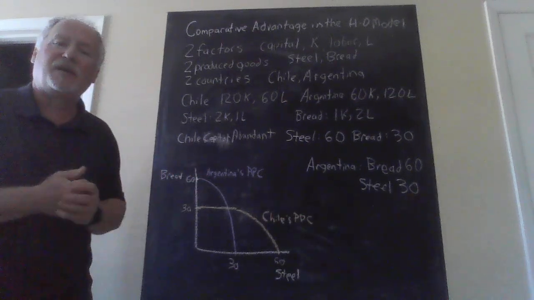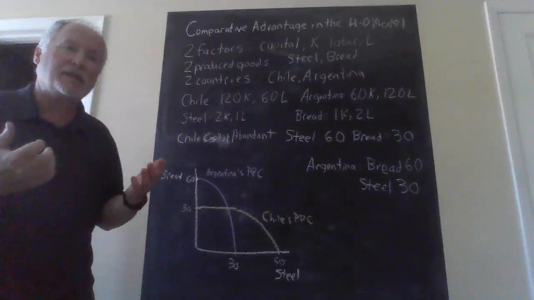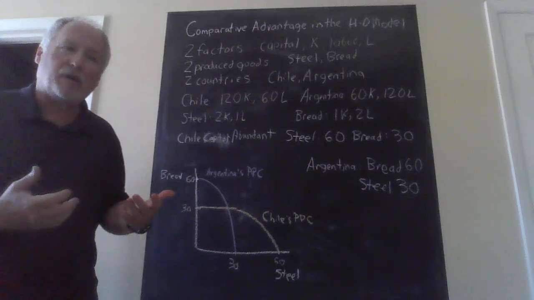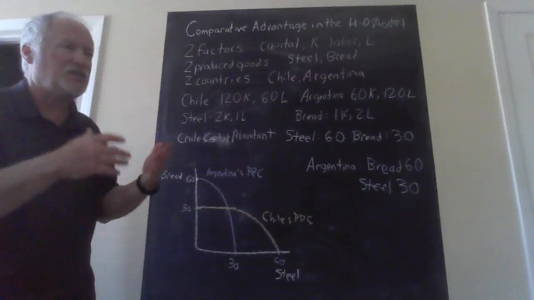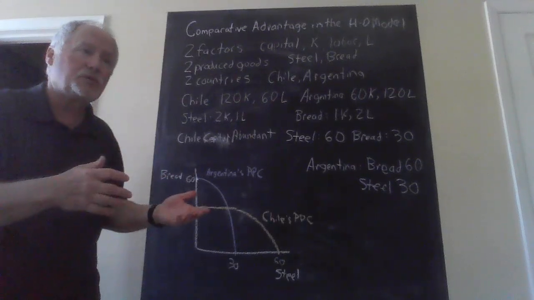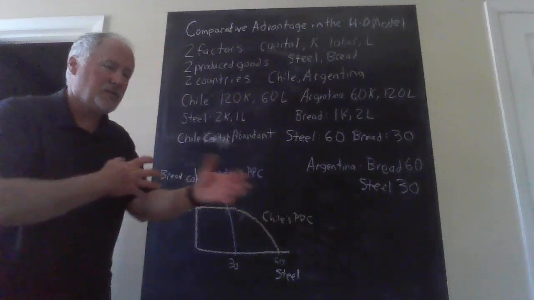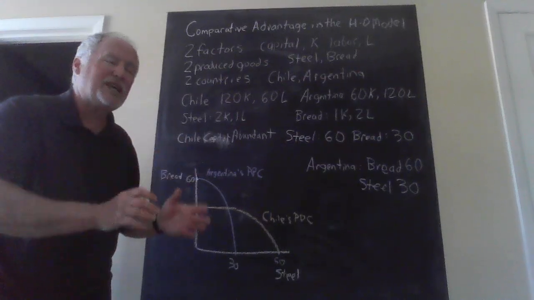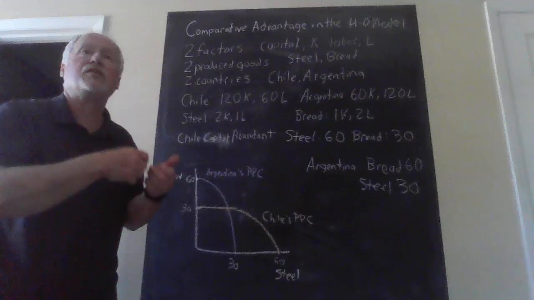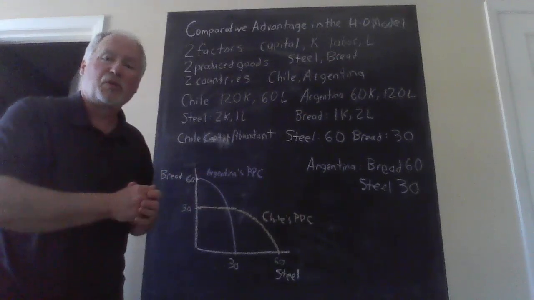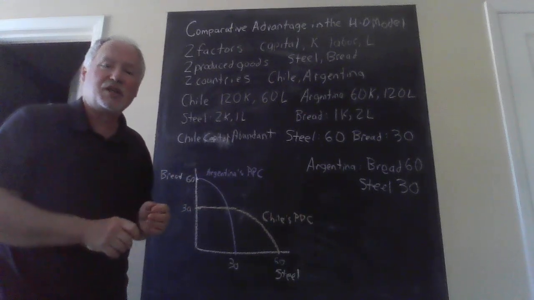So we still have the gains from trade between the countries in the HO model. But we get it in a little more complicated and in some sense more realistic, or at least grounded in the real world, way of linking comparative advantage to factor endowments and then the production technologies. So that's comparative advantage in the HO model.